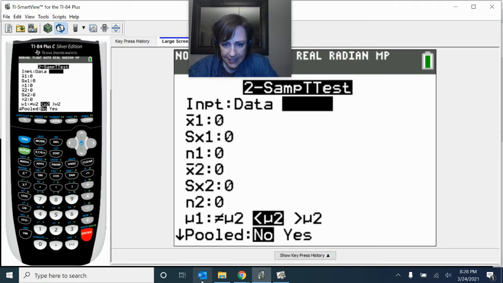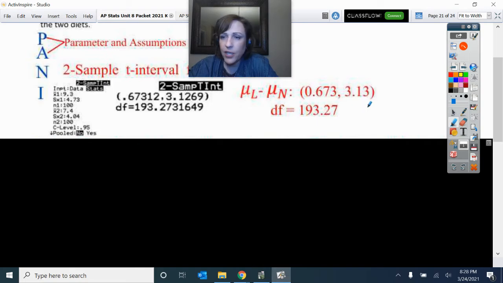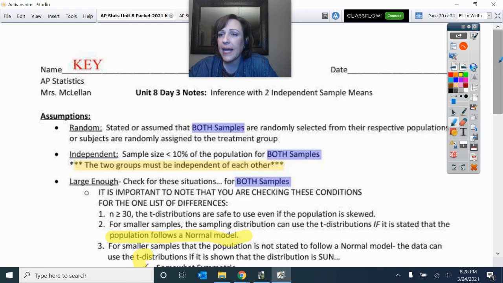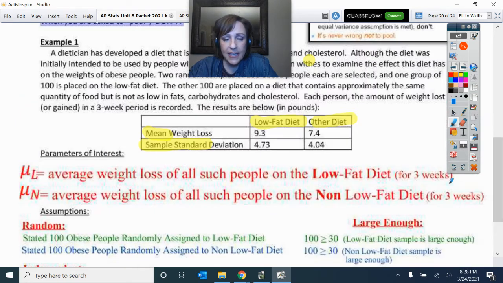I see in my notes here, what I had down here at the bottom, I am going to use the low-fat diet for the first one. So in my calculator, I'm making a mental note: I'm going to consider that my group 1, and then this is my group 2. So the non-low-fat diet is group 2. Okay, here we go.